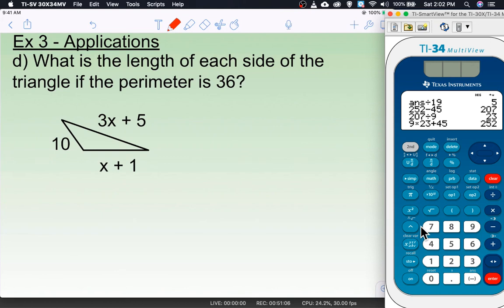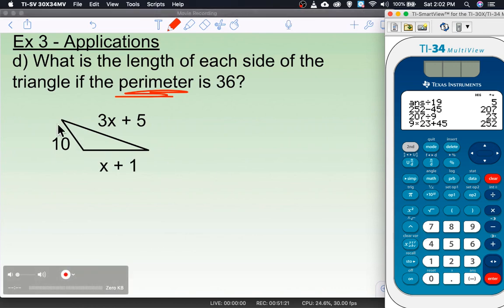So hopefully you remembered that perimeter is what you get if you add all the sides together for any shape. It doesn't have to be a triangle. So if I take this triangle, I'm going to take 10 plus the 3x plus 5 plus the x plus 1. I'm going to label each side.